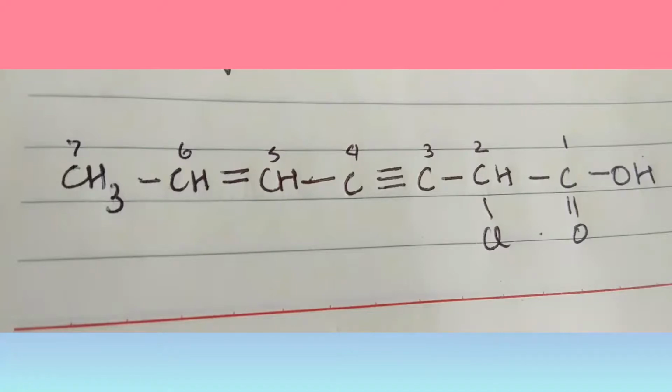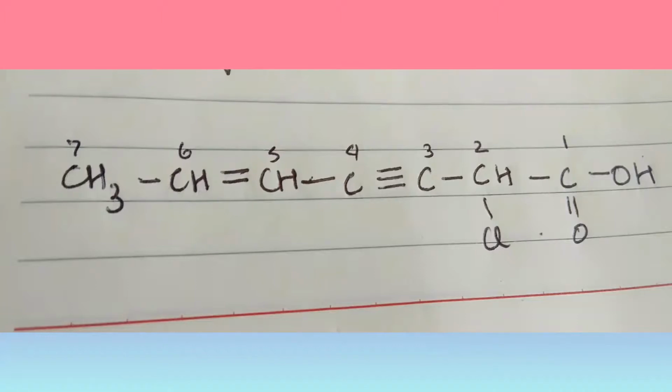So whenever we are naming these polyfunctional compounds, the one that has the highest priority among all of them is taken to be the main principal functional group, and the rest are given the position of substituents. We know that these various functional groups have a particular name when they behave as substituents and as principal functional groups.